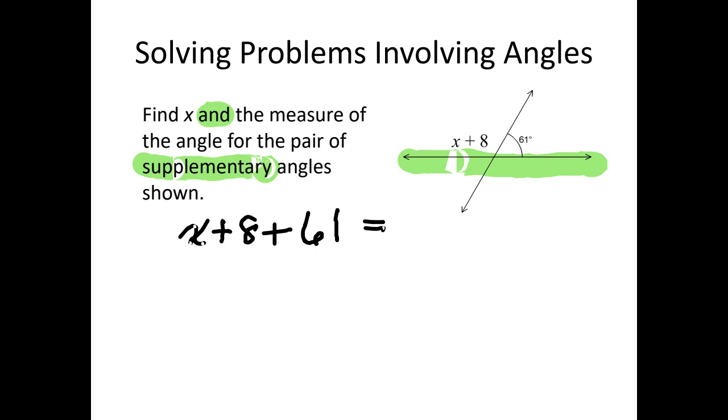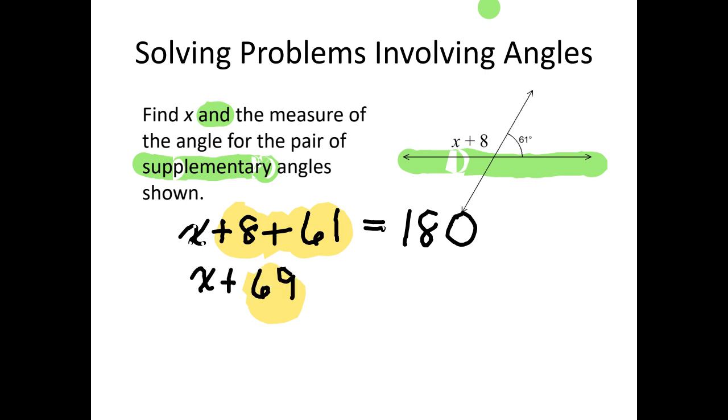Okay. What am I going to do? I have to combine terms. These two terms are going together. This will give me x plus 69 equals 180.